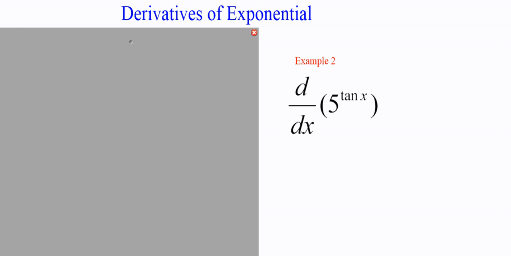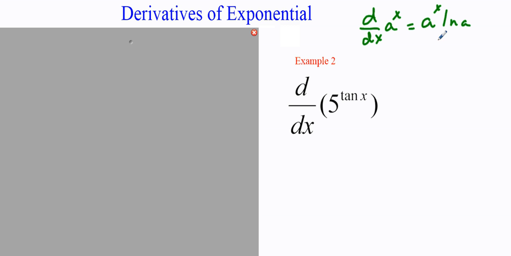We're going to use another chain rule problem, example number 2. We have 5 to the tangent of x. This is an example where we have a to the u. If you recall, I'm just going to write this out: the derivative of a to the x, when we found it, equals a to the x times the natural log of a.